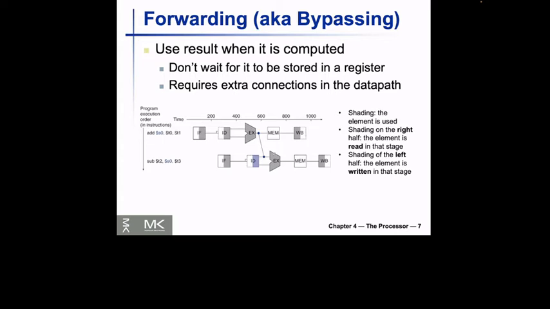We do the data forwarding, which means that, in fact, after the 3rd clock cycle, we have already computed T0 plus T1. We already get the value, but we haven't put the value to S0 yet. But we have the value. So we forward that value as the input of EX.